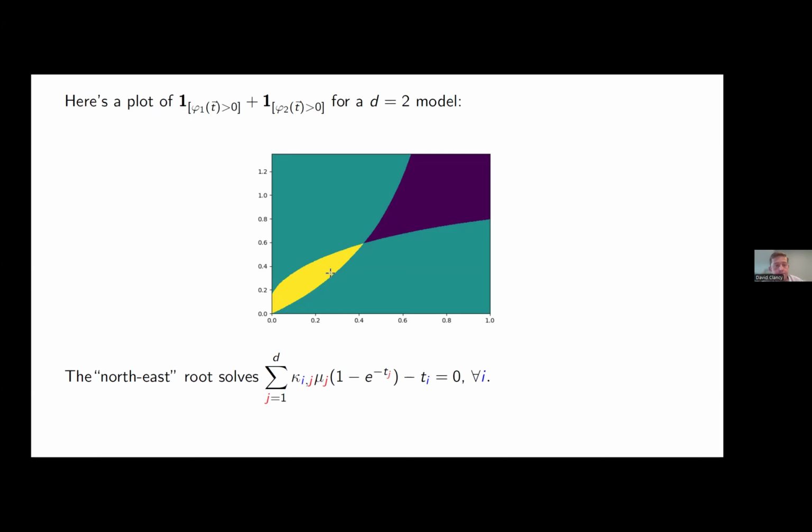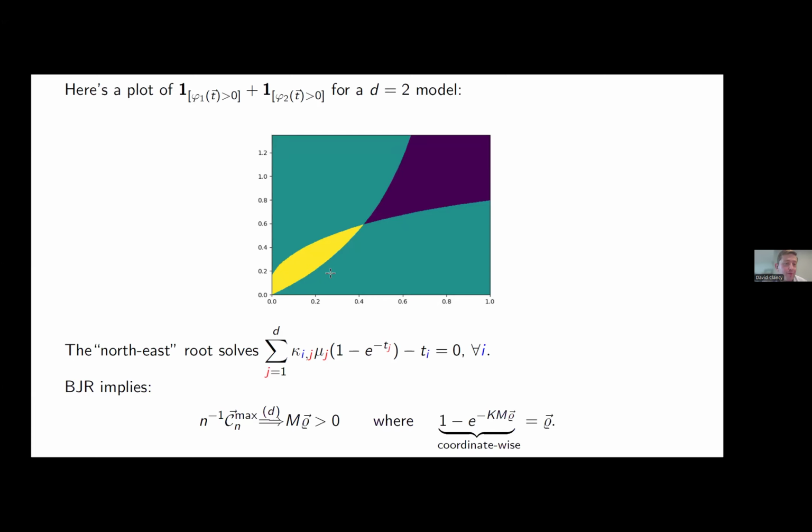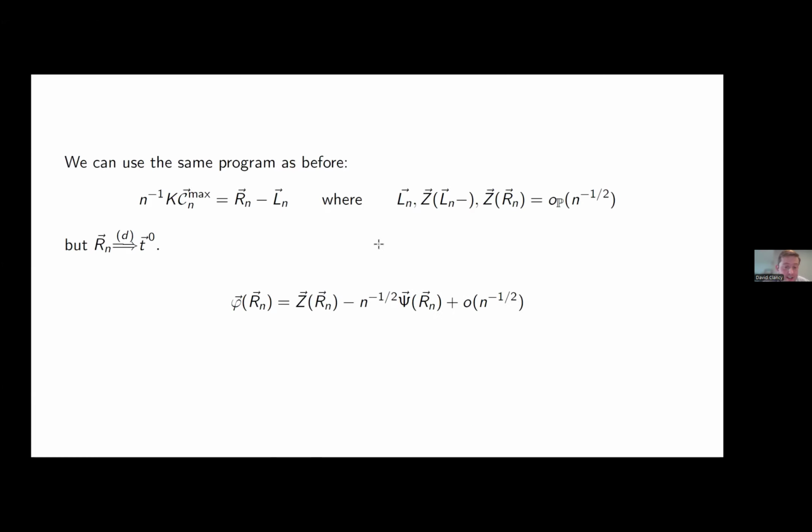And to go through everything, we can essentially do the same game as before. We have a weak law of large numbers for the giant. We can convert this with a bit of algebra to saying that K times the vector c converges to this northeast point. We can do a Taylor expansion. Sorry, I'm going through this a bit quickly because of time, but we have Z_n is equal to phi_n plus a Gaussian process.